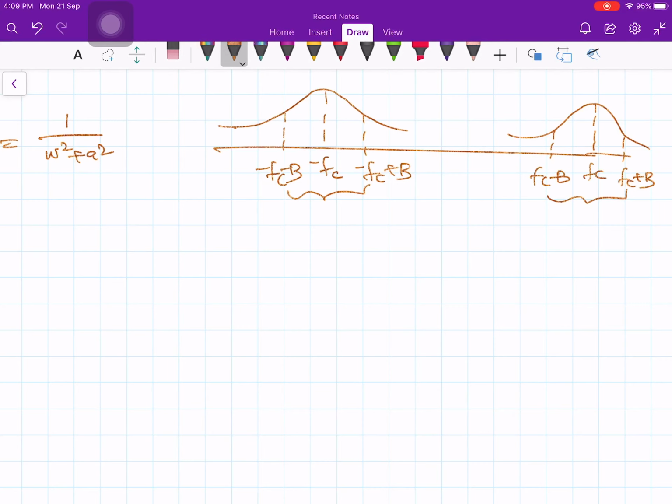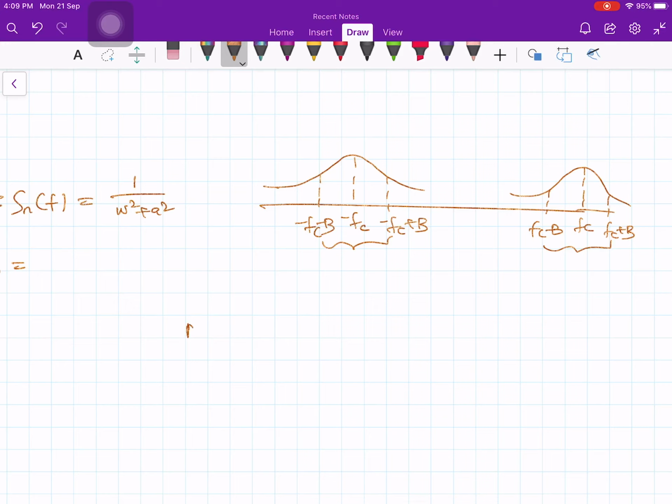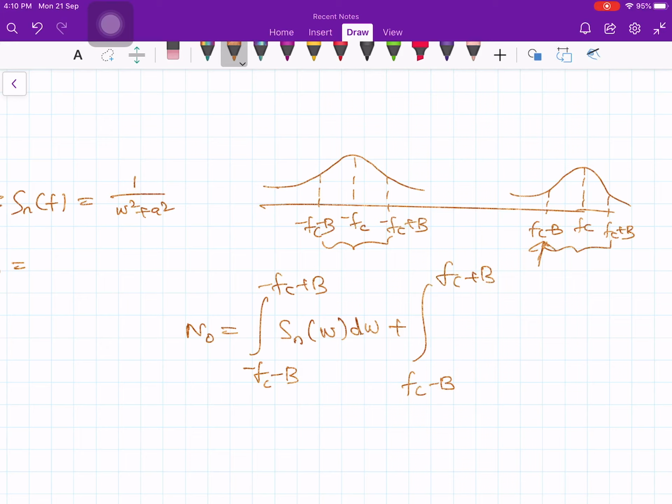Therefore my output power n naught is equal to the integral of minus Fc minus B to minus Fc plus B of Sn of omega d omega, plus the integral of Fc minus B to Fc plus B of Sn of omega d omega.